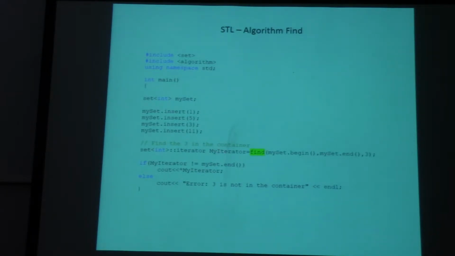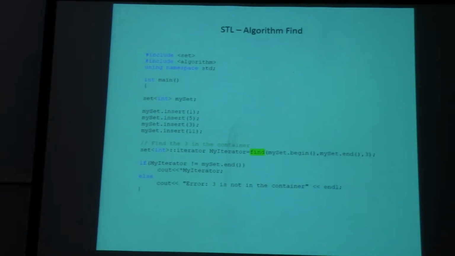So what's my iterator? What type is it? I'll give you a hint. It ends with pointer. What type is it? If I wanted to assign the first element of the set into my iterator, how would I do it?